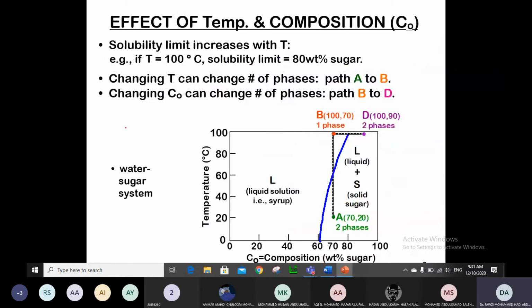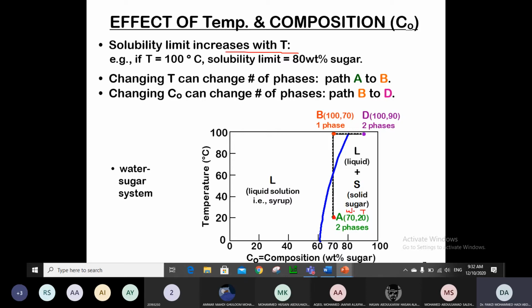Now, the solubility limit increases with temperature. How is that? Let's say we are at this point. At this point, how many phases do we have? Well, at this temperature, 20 degrees centigrade, and 70% by weight. So that is the temperature, and that is the weight percentage.